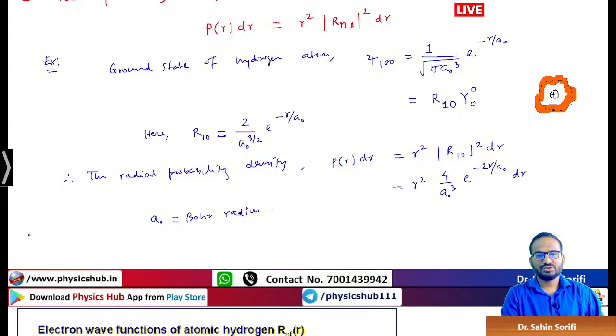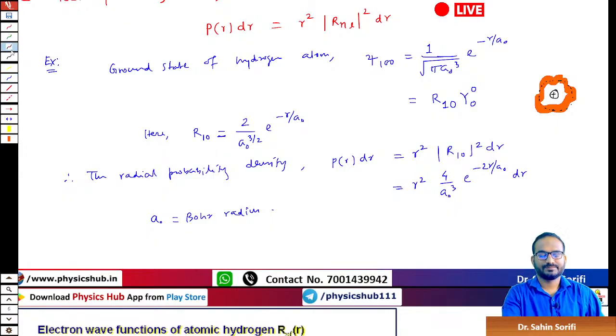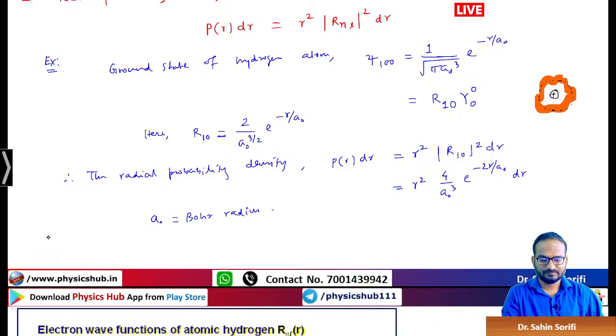So what is the most probable distance? It is where this probability will be maximized, so dP(r) by dr is equal to 0.